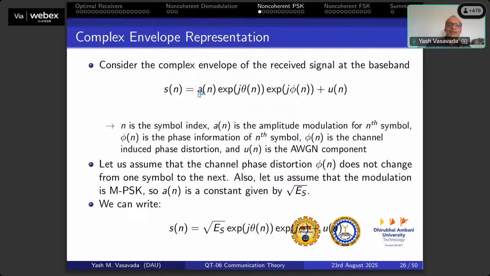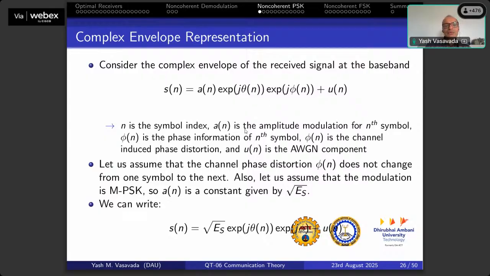So if it is, let's say, QPSK, A of n is going to be the same, but theta will change every time in multiples of 90 degrees. Phi of n is the uncertain phase introduced by the communication channel, which we will say I don't want to deal with. And then U of n is the noise.